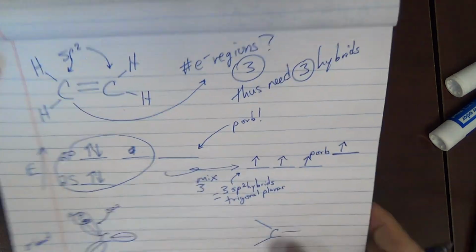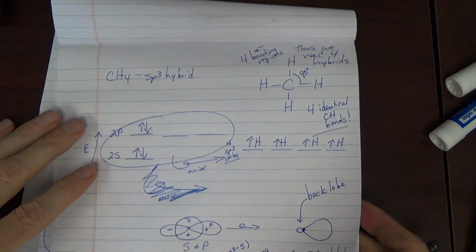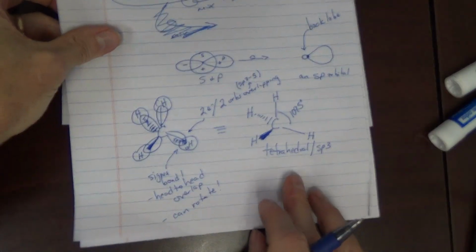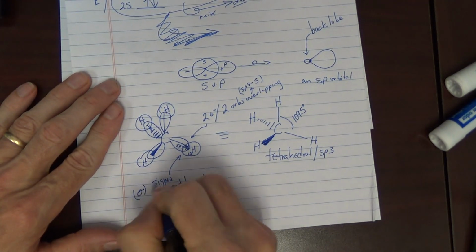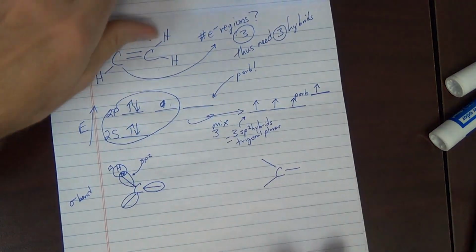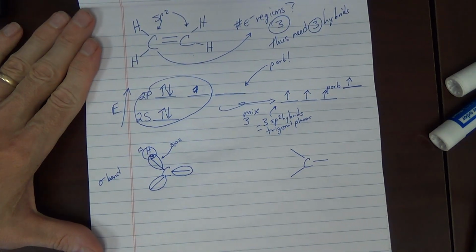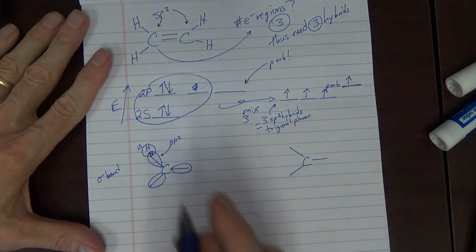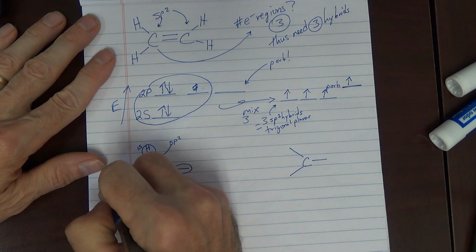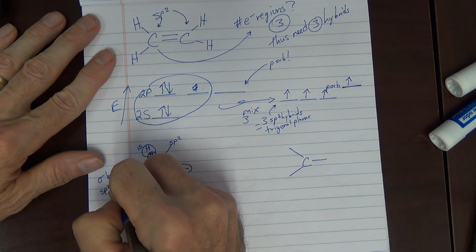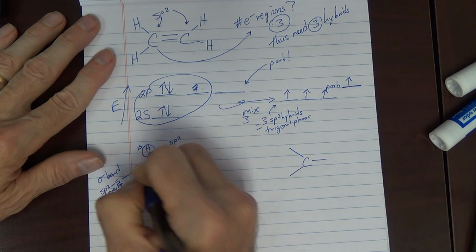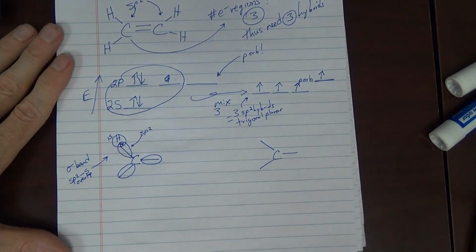Did we use the script of sigma? No, back over here. Sigma bond, usually written like that. That is an sp2 to s overlap. Head-to-head overlap.